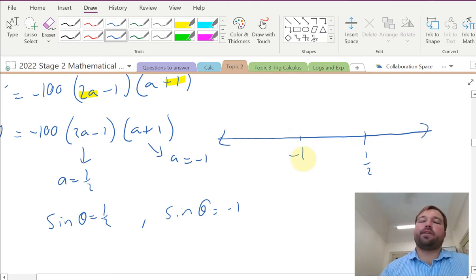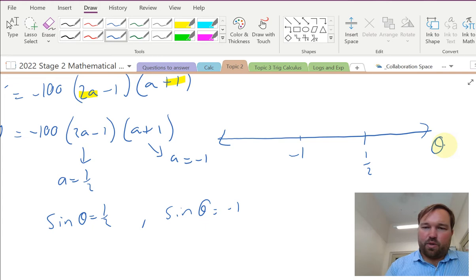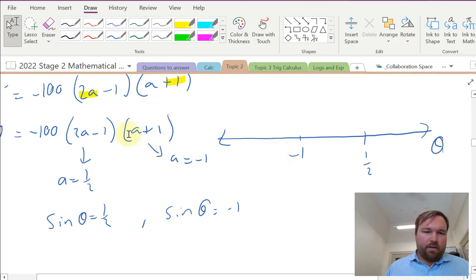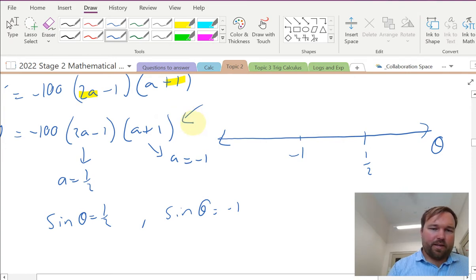And we want to find the value for theta for which this is a maximum. So we're going to have to do some substitutions. We're going to substitute a value up above here, so maybe 1, a value in between, 0, and a value in here, minus 2. And we are going to substitute them into this equation here.